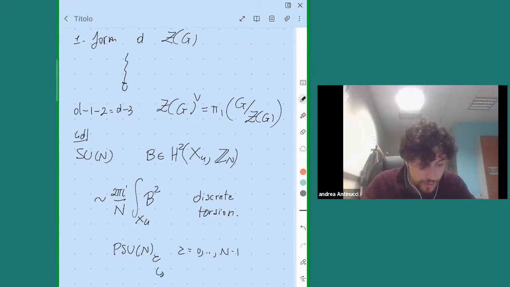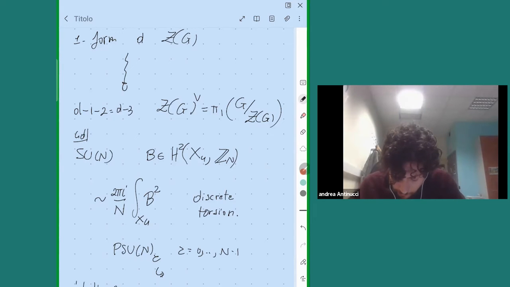The way to detect 't Hooft anomalies is that you couple your theory T to a background field for the higher-form symmetry, and you perform a gauge transformation. It can be that the partition function is not invariant under the gauge transformation, but you pick up a phase.